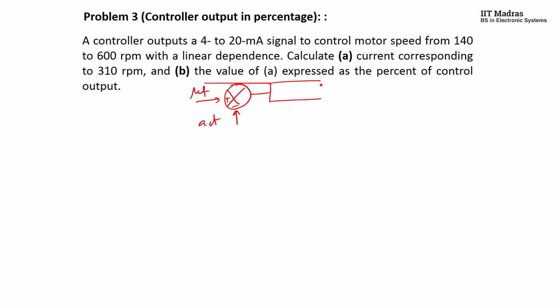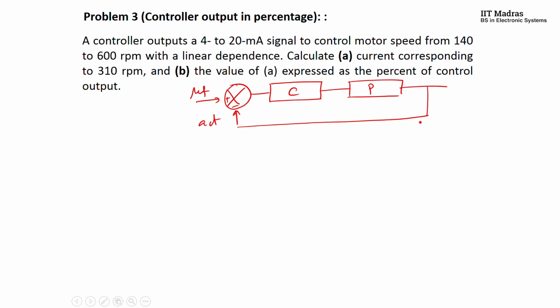You have the controller, which I'll put as C, and the plant or process as P, and there is some kind of transmission in the back. This transmission is 4 to 20 milliamps. I'm not showing any hardware for the processing of 4 to 20 milliamps and so on.